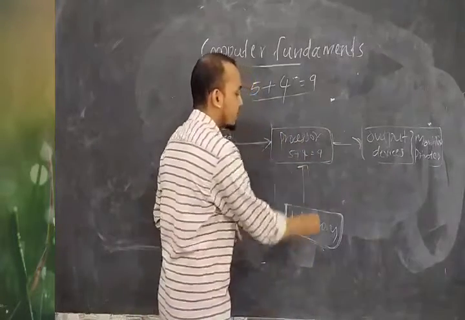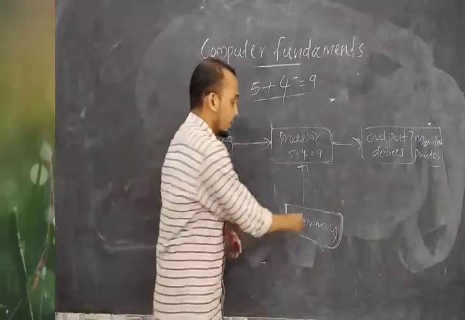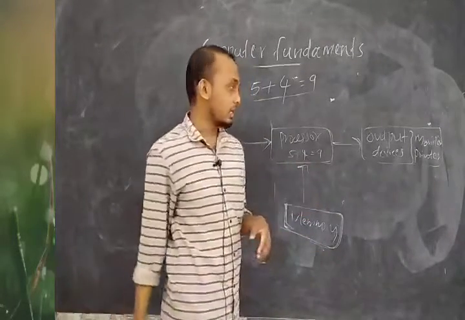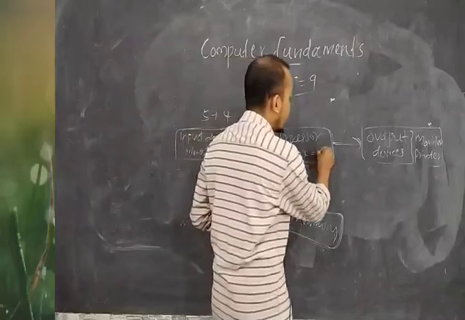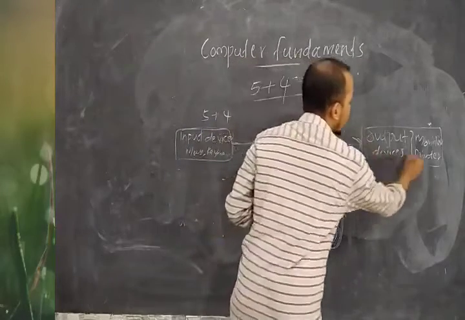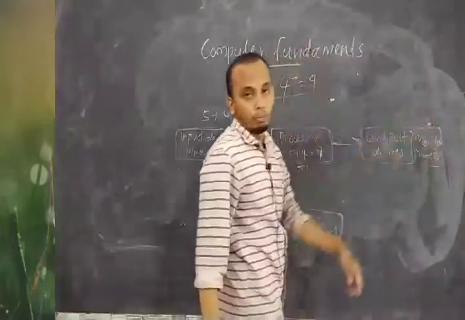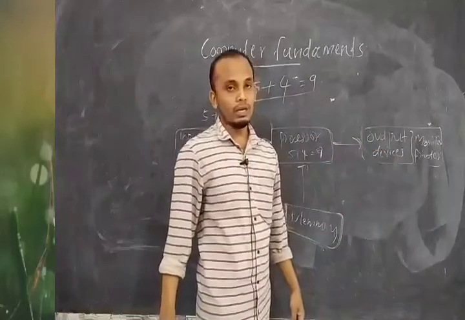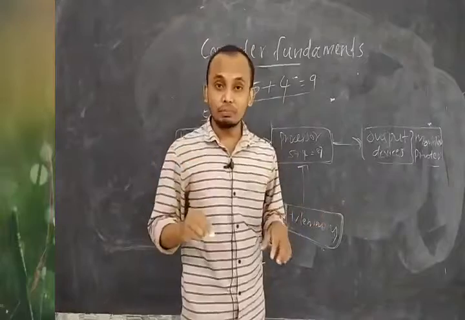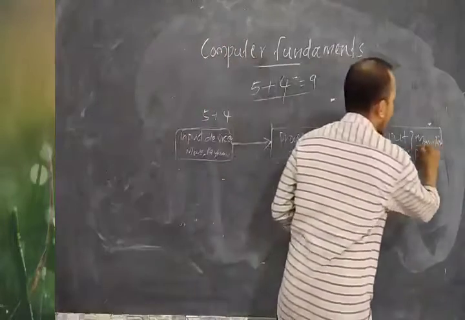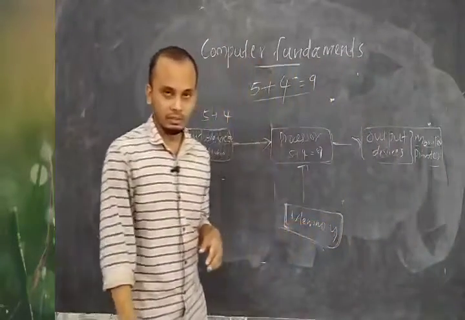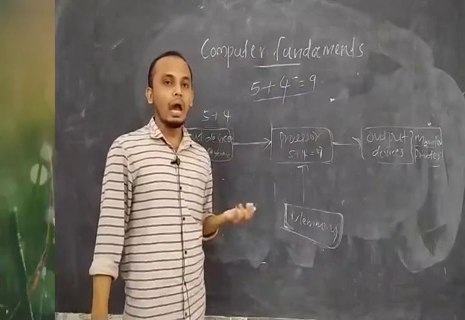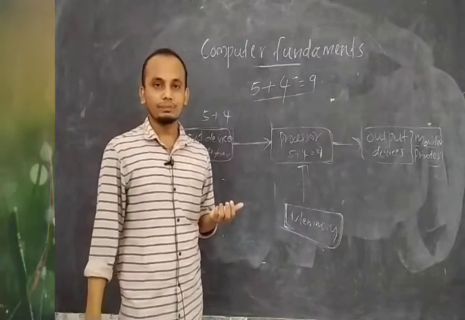That instruction will send from memory to this processor, and finally this 9 will be displayed in this monitor, that means through output device. Okay, if you want to take its printout, you can take with the help of printer. That also is another output device.